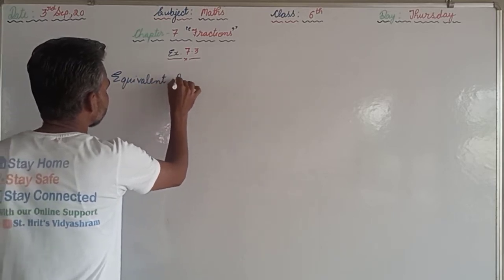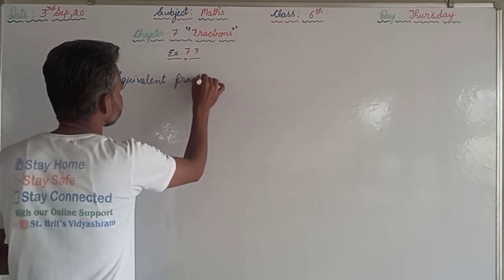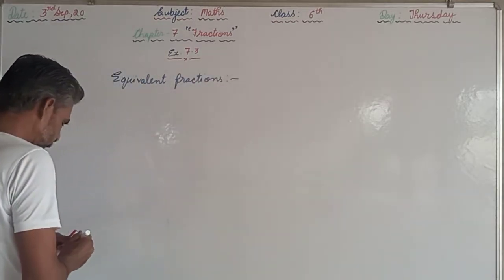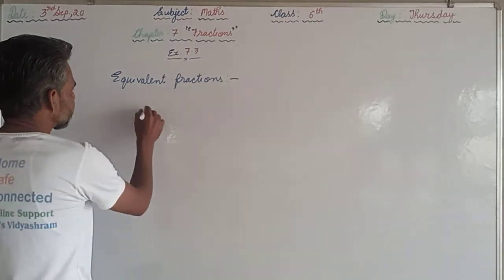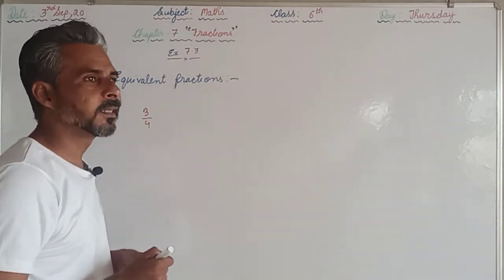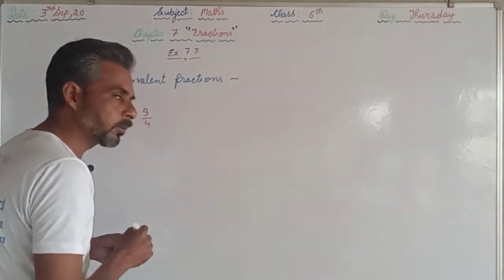Equivalent fractions. Suppose the fraction is 3/4. We have to find the equivalent fractions of 3/4.